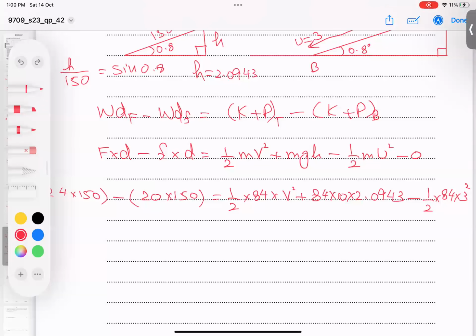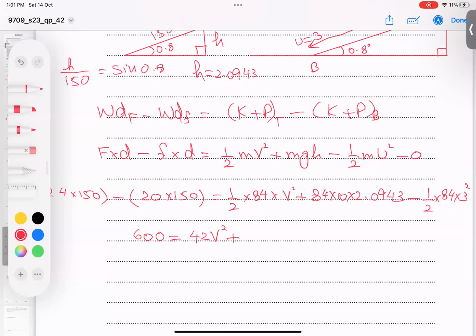If I type the left-hand side, students, what do I get? You can type in parallel with me: 24 times 150 minus 20 times 150. The left-hand side comes to exactly 600. On the right, I get 42 v squared, and the rest I type as it is: 84 into 10 into 2.0943, and negative half into 84 into 9.